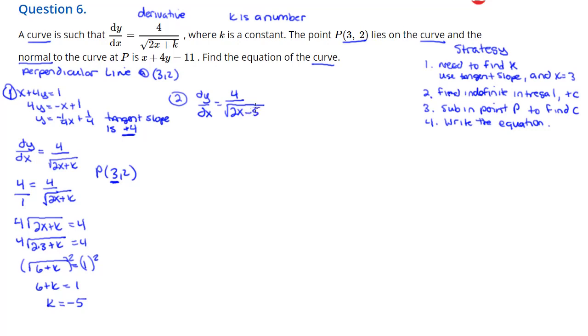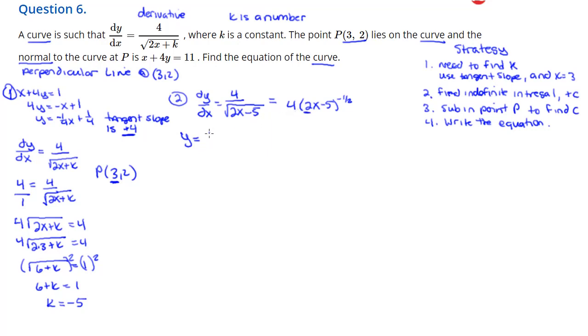All we've got to do now is rewrite this so we can get this back up in the numerator with some power: 4 times (2x minus 5) to the -1/2 power. And then we're going to integrate this, and we're going to use the chain rule. The first thing I'm going to do with the anti-chain rule, the backwards chain rule, is look to find out what the derivative of the inside would have been multiplied by. Well, that's going to be 2.